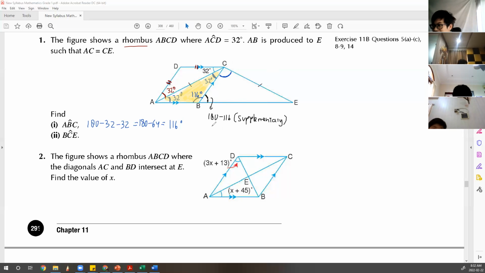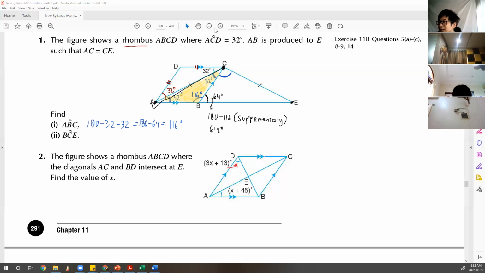Oh, what is the 64 degree? And as we know, look at this point. What I am thickening is also an isosceles triangle.